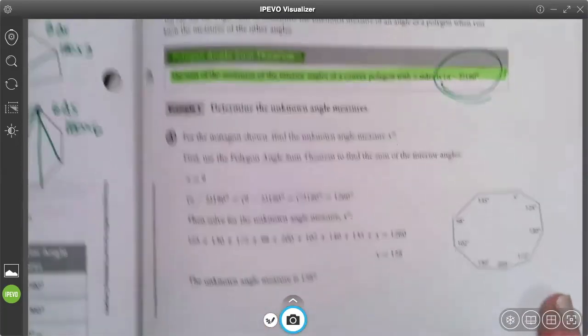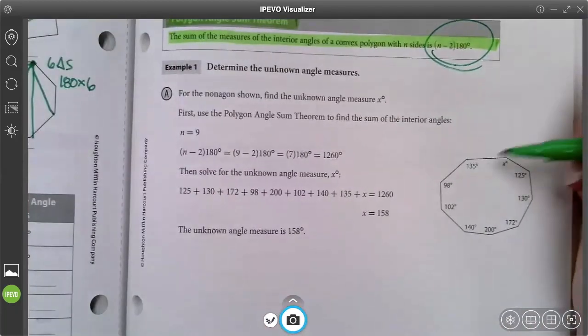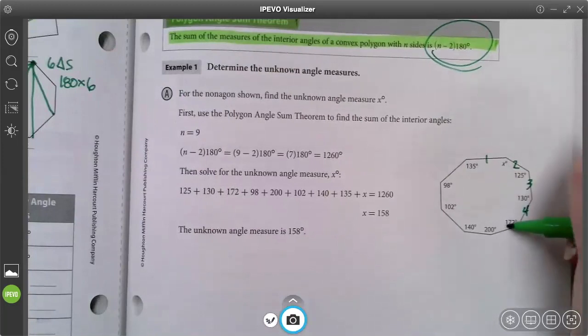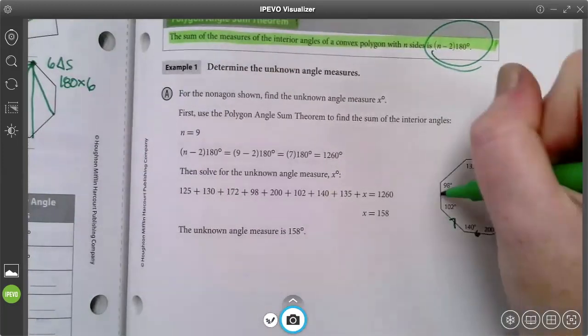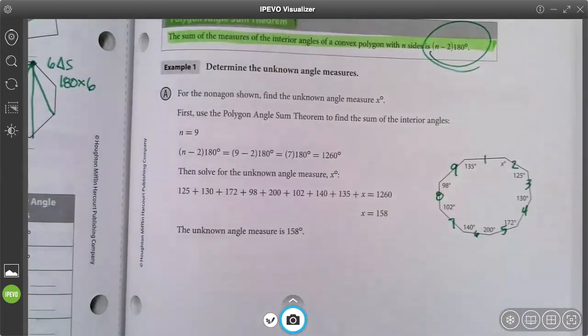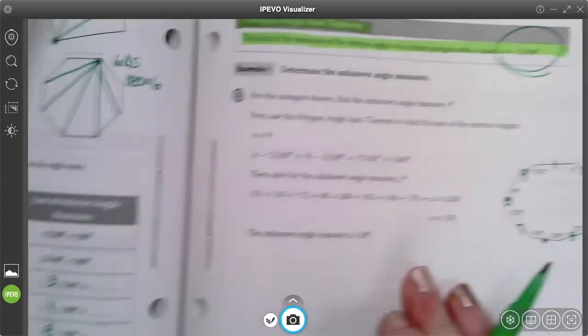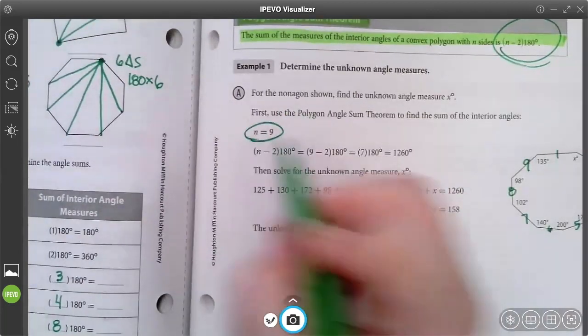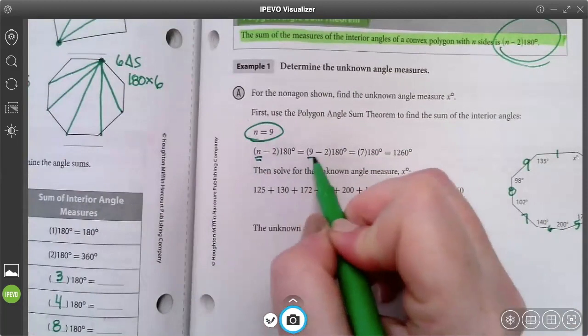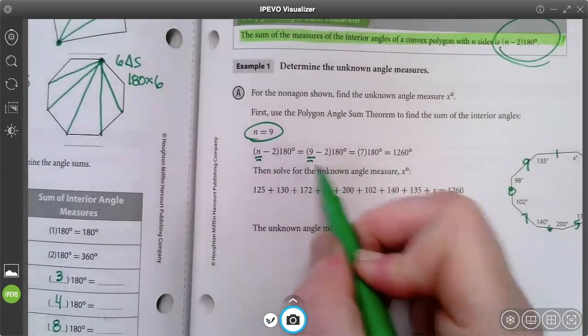So they go over here and they look and see how many sides. You have 1, 2, 3, 4, 5, 6, 7, 8, 9 sides. So to find the total number, you find the number of sides, you plug in 9 in this case, and just simplify.